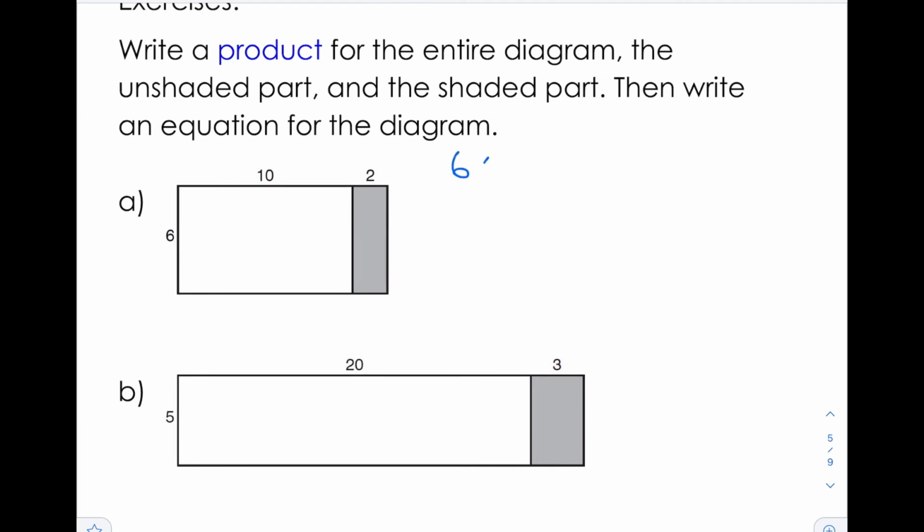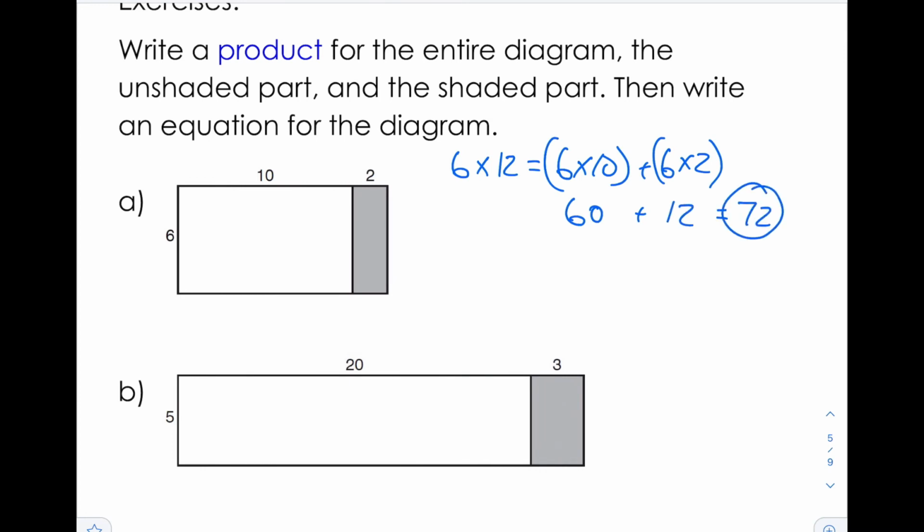So we have 6 times 12, which breaks down into 6 times 10, plus 6 times 2, 60 plus 12, 72 is our final answer.